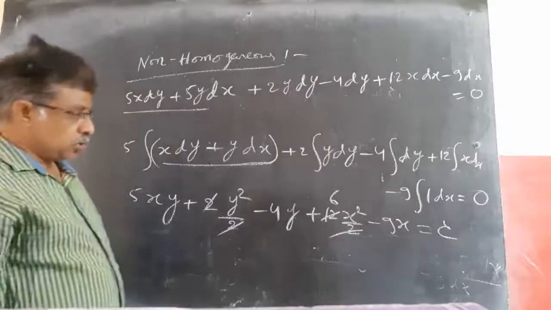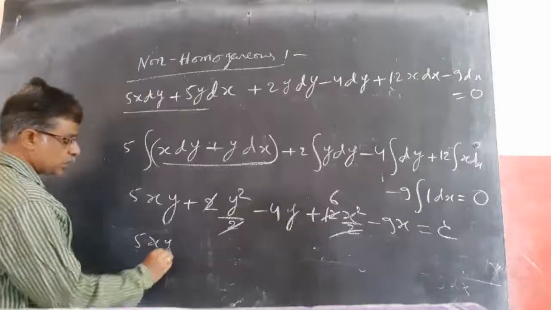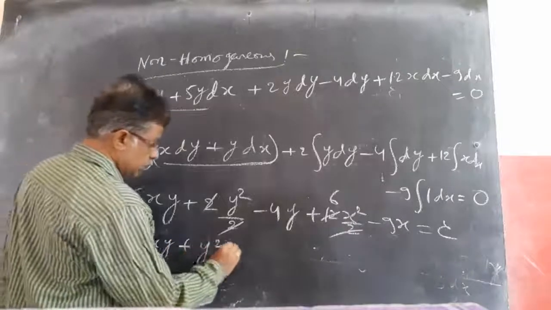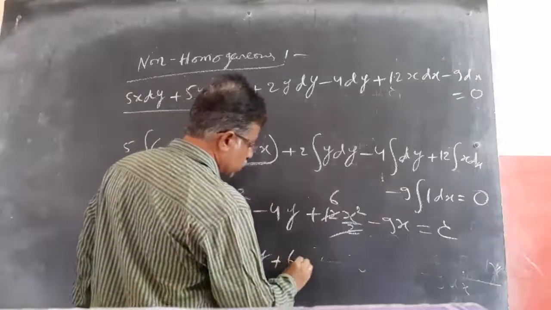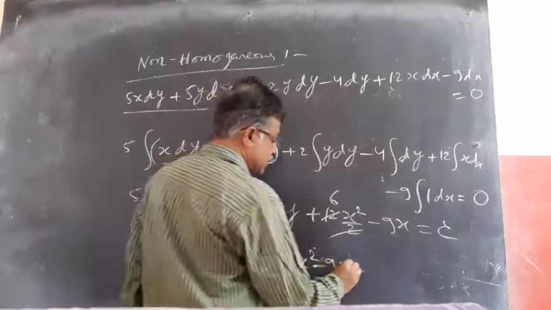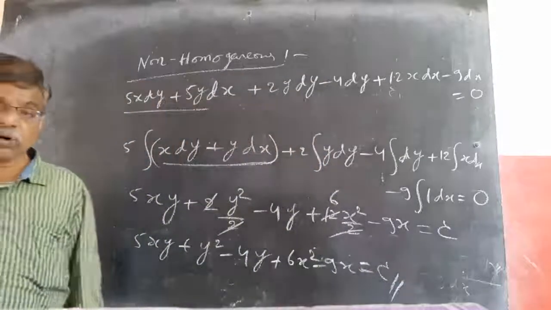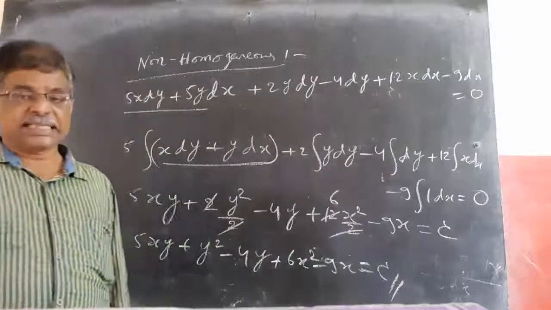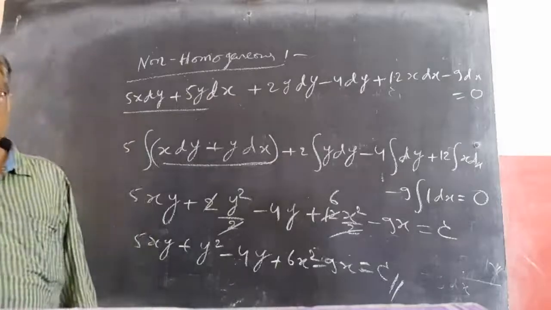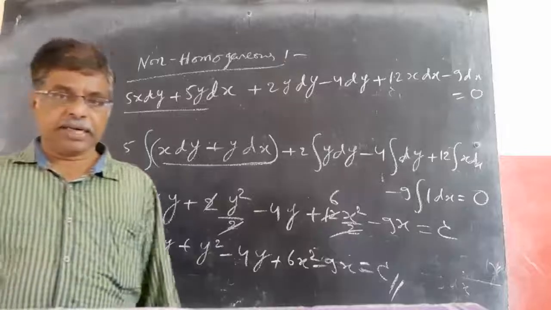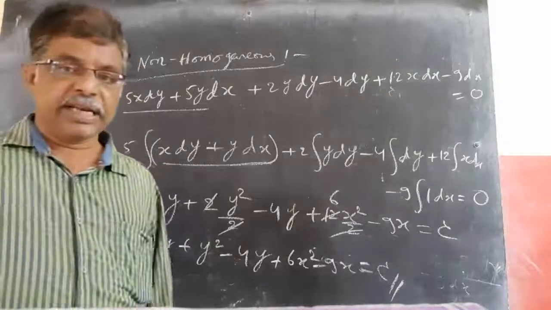The result is 5xy plus y square minus 4y plus 6x square minus 9x equal to c. So if it is a non-homogeneous equation such that a2 equal to minus b1, we can solve it like this very easily.